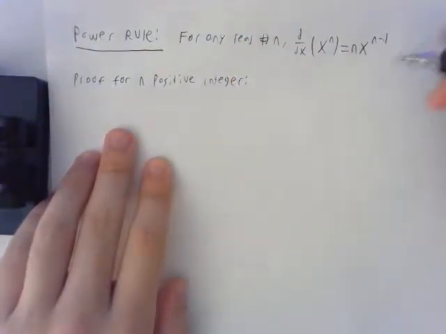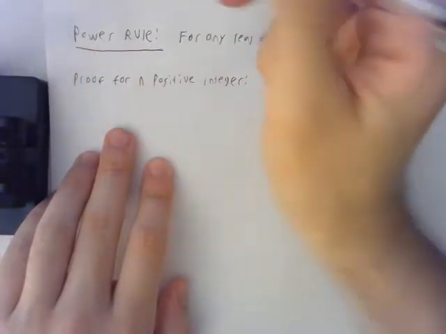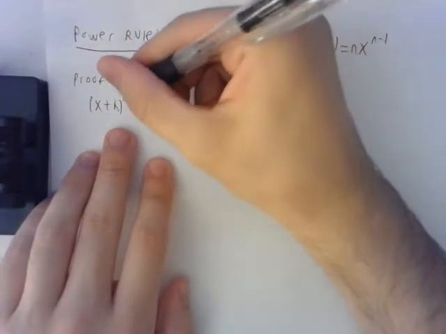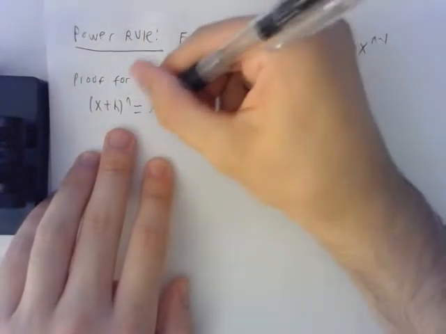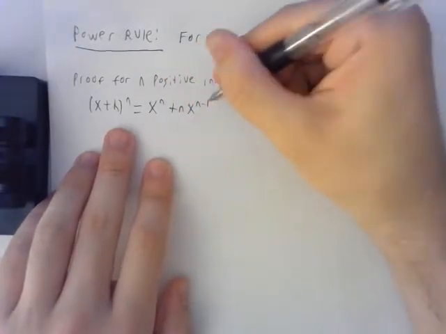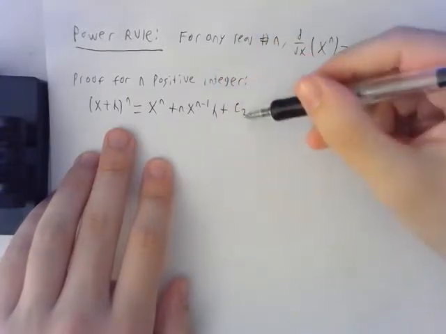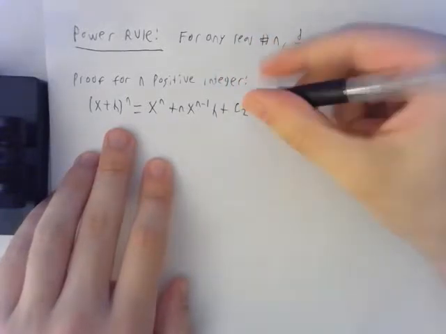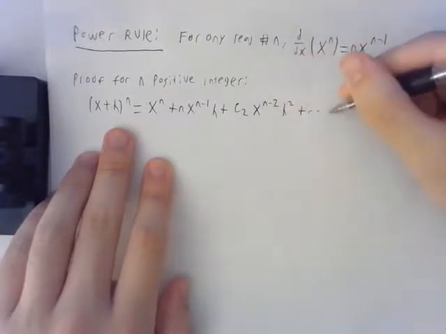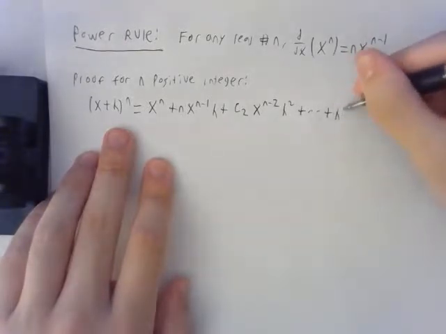So we can show using the binomial theorem or Pascal's triangle that (x plus h) to the power n is equal to x to the n plus n x to the n minus 1 times h plus some constant, which I'm going to call c2, x to the n minus 2 h squared. Then there are some more terms, and it goes all the way out to h to the power n.